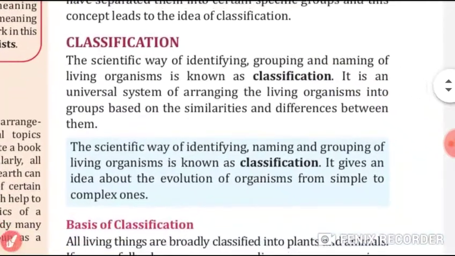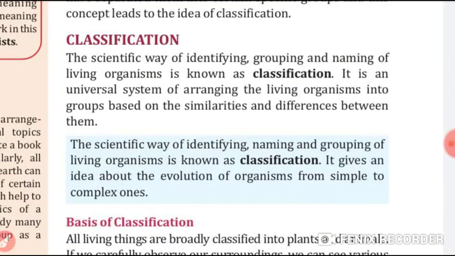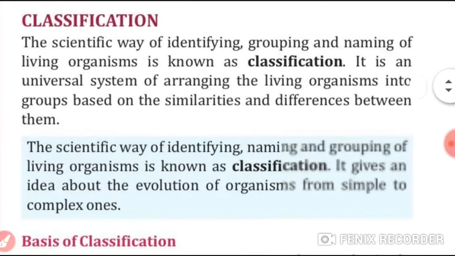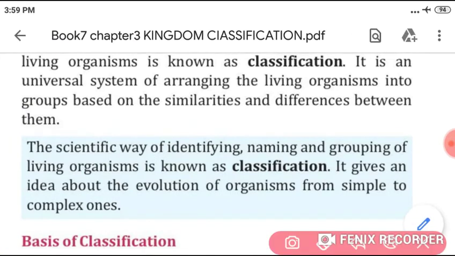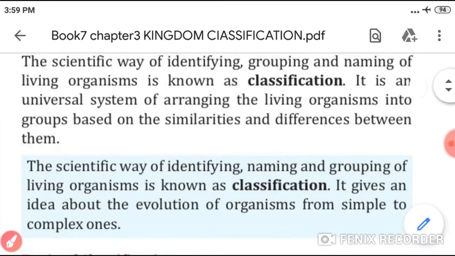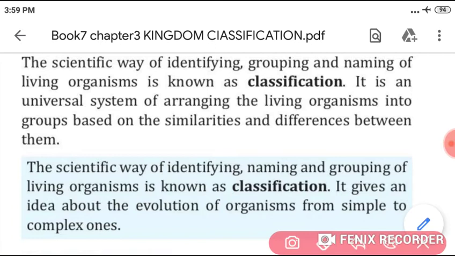Now students, come back to what is classification. Underline this: the scientific way of identifying, naming and grouping of living organisms is called classification, and it is a universal system of arranging living organisms based on similarities and differences between them.